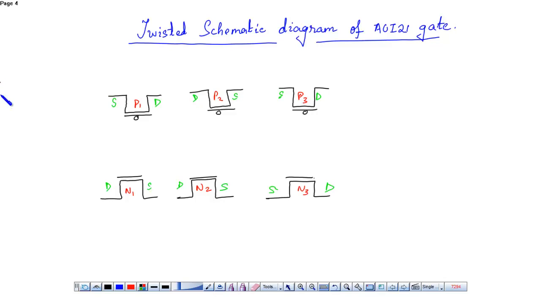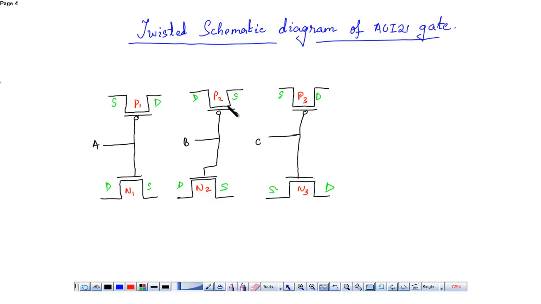Now the gates are connected. The gates of PMOS and NMOS are connected, which gives the first input A. Then the second connection gives the second input B. The third gives the third input C. Now I have to keep tallying the normal schematic.